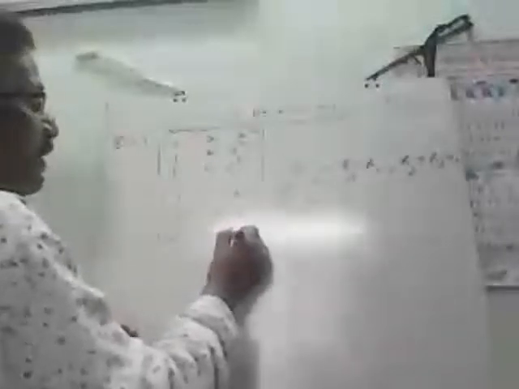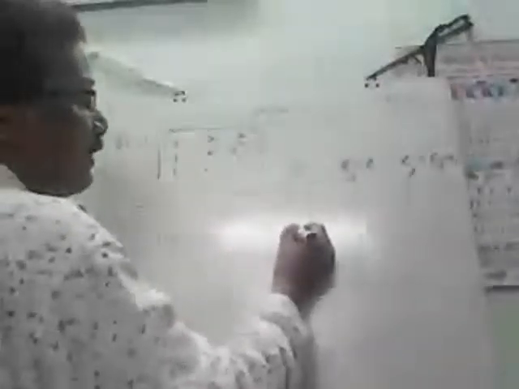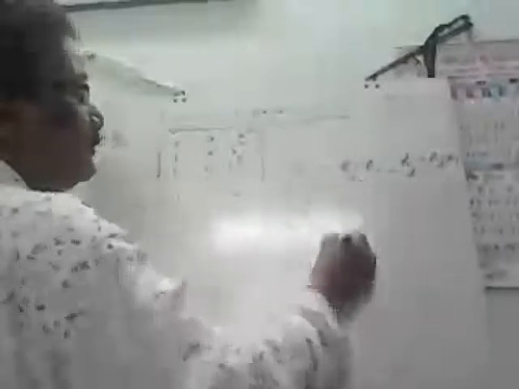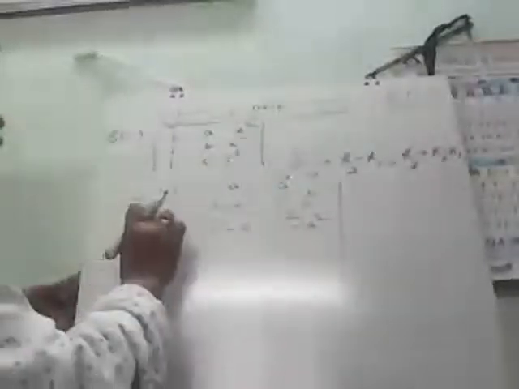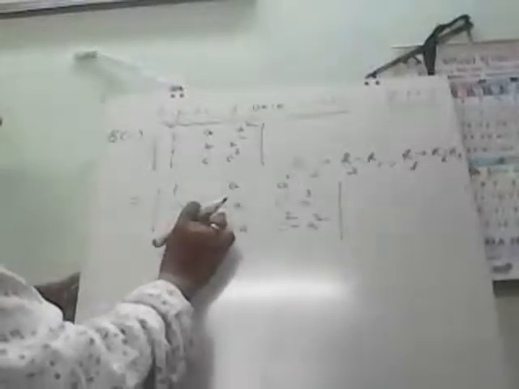Similarly, row 3 is replaced by row 3 minus row 1: 0, c minus a, c square minus a square. So the determinant is row 1: 1 a square; row 2: 0, b minus a, b square minus a square; row 3: 0, c minus a, c square minus a square.